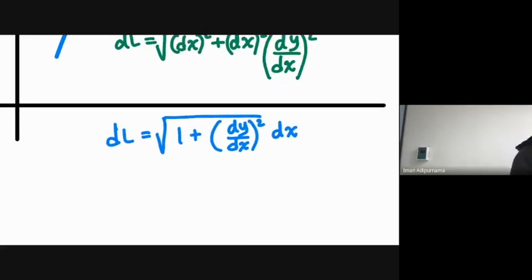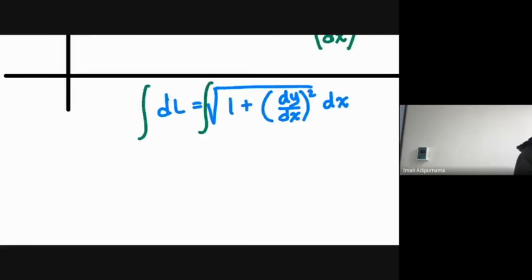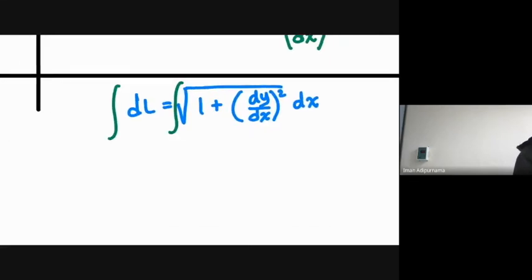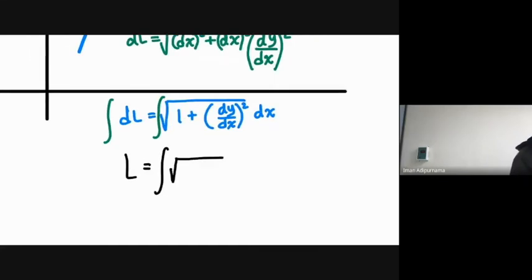If I integrate, I will have L is the integral from A to B, and you get the same arc length.